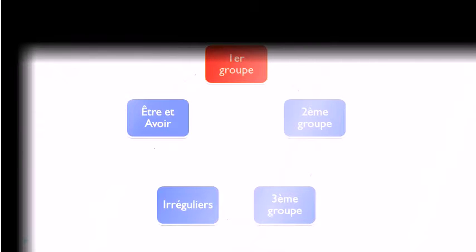Okay, so let's see now the first group, and you will see that it's quite easy because we get que je parle, que tu parles, qu'il parle, qu'elle parle, que nous parlions, que vous parliez, qu'il parle, qu'elle parle. All right, this is the subjunctive, and it's quite interesting because if you take the time to look at it, que je parle, it's exactly the same form as the present form. Que tu parles, same thing.